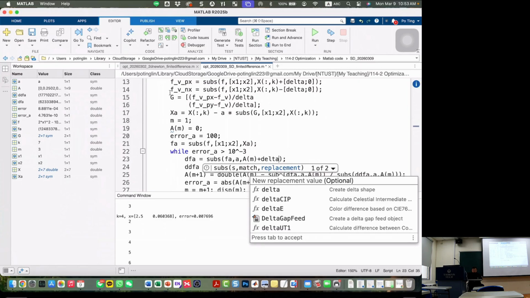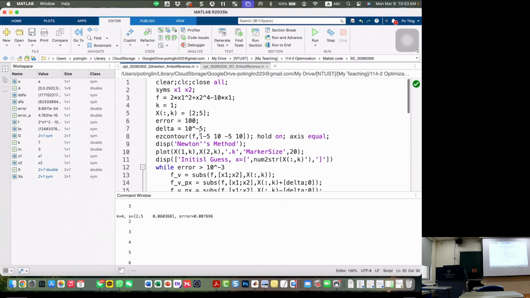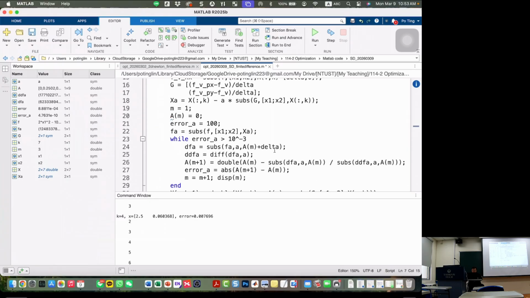So overall, I also have this delta outside here. So this is AM plus delta minus AM, this whole thing divided by delta.